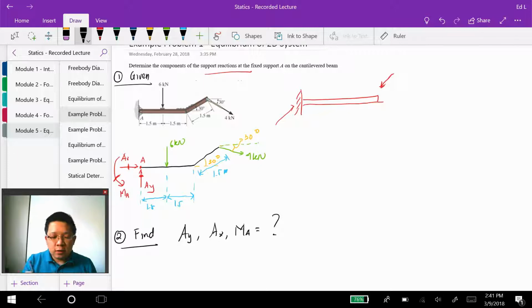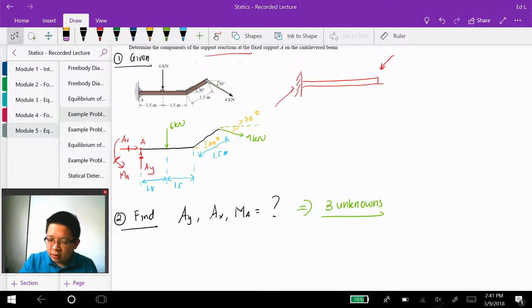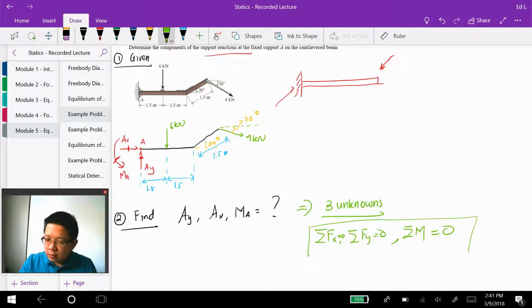Since there are three unknowns in here, and we know that at most we can write three equilibrium equations, which are sum of the forces in X and sum of the forces in Y equal to 0, and sum of the moments at any point equal to 0, then we will be able to solve for the unknowns. Three equations, three unknowns, so it should be solvable.